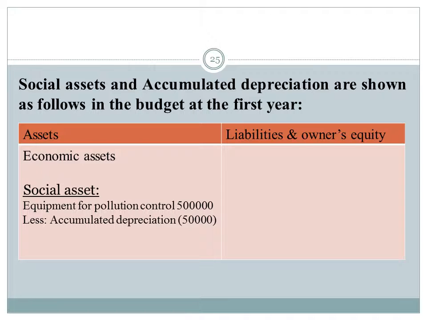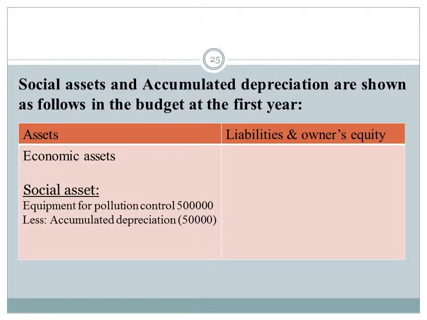In the first year, premium depreciation equals accumulated depreciation equals 50,000. In the second year, accumulated depreciation will be 100,000 and depreciation expense will be the same amount, 50,000.